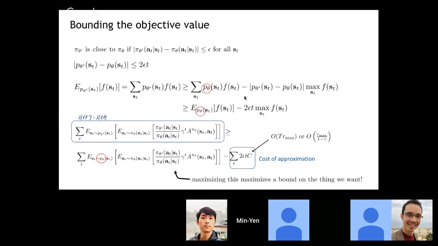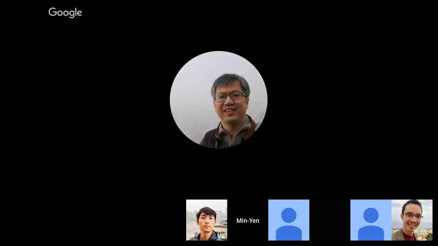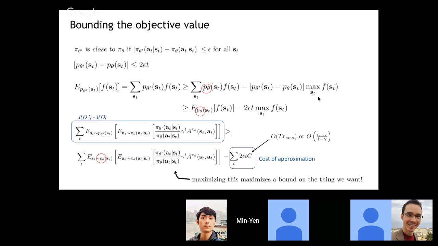Then you bound the expectation by the maximum value of f times that. So assuming f is always positive. I think what Sergey said is that every time you move away or vary from p_theta prime, this is the worst thing that can happen.